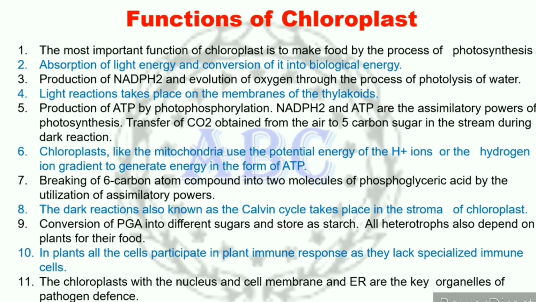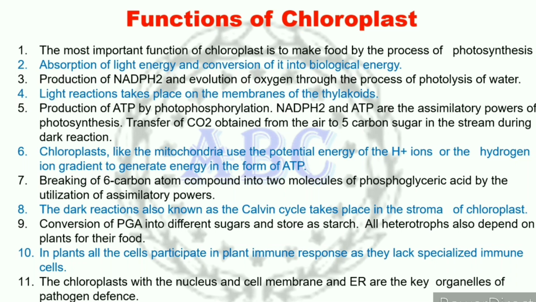The dark reactions, also known as the Calvin cycle, take place in the stroma of the chloroplast. Conversion of phosphoglyceric acid into different sugars and storage as starch.